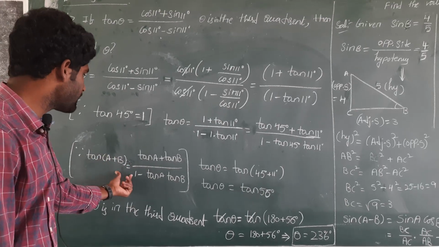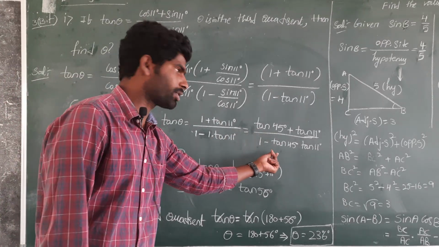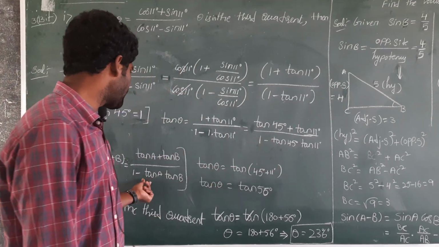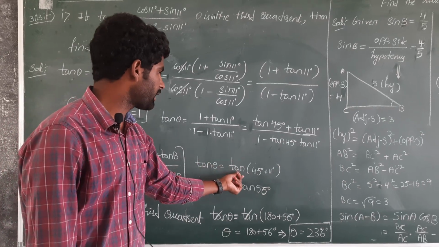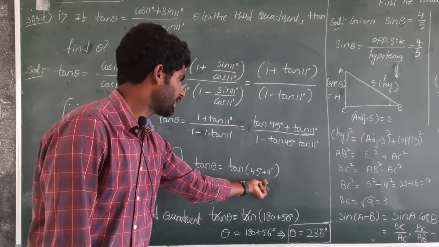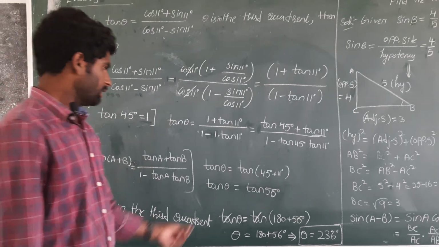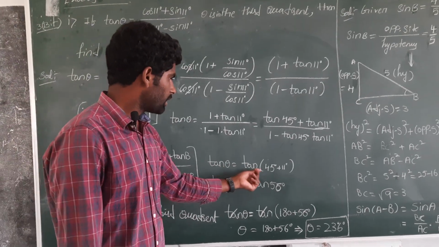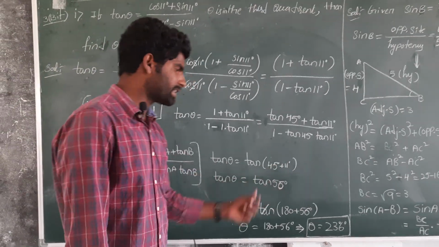This formula is suitable for this solution. So tan theta is equal to tan of 45 plus 11, like the a plus b formula. So tan theta is equal to tan 56.